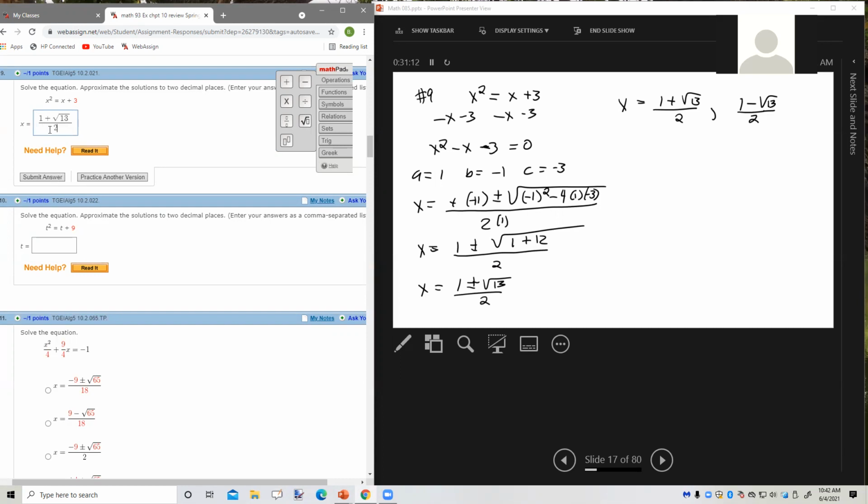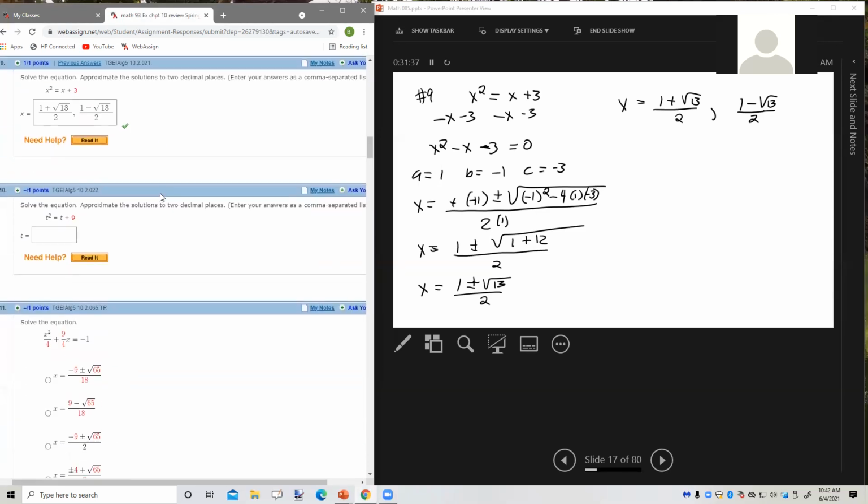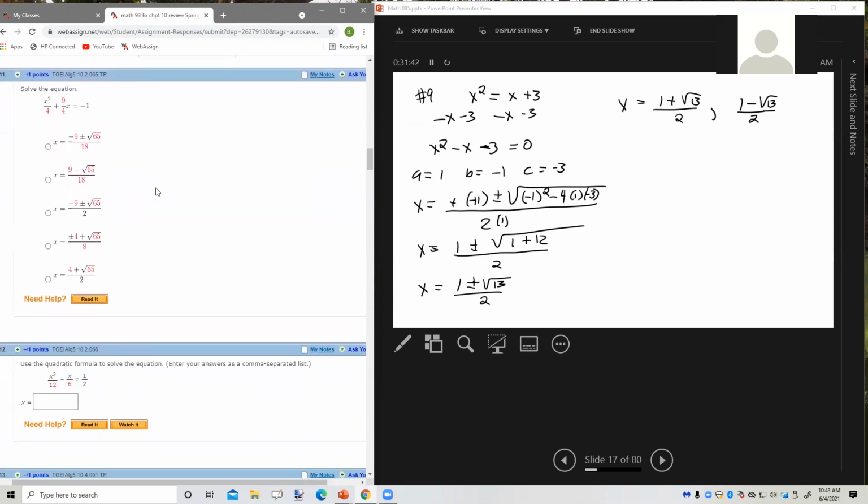Then again, I'm going to use the right arrow and move it outside, comma, space, another fraction bar, 1 minus the square root of 13 all over 2. Let's see, everything looks okay? Yeah, it does. All right. There's the answers. Okay, let's take a look at problem number 11.